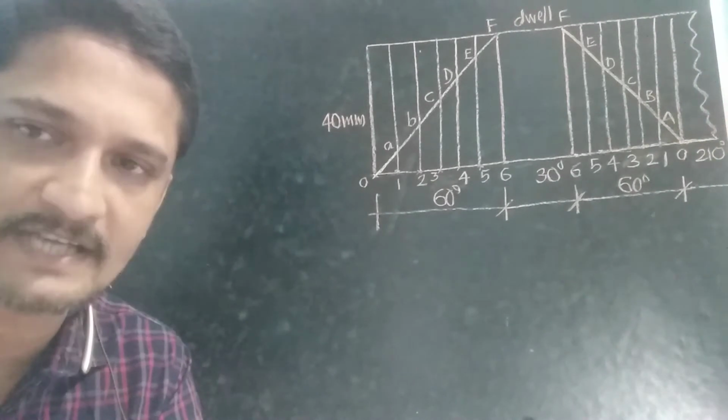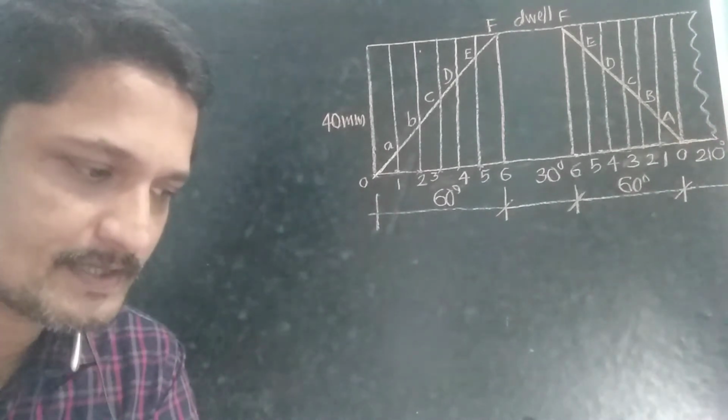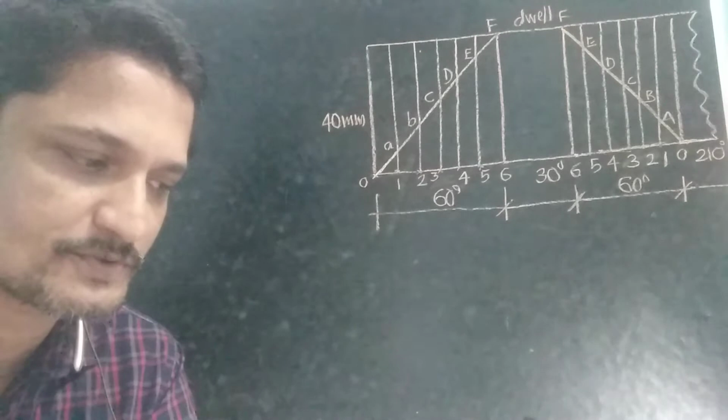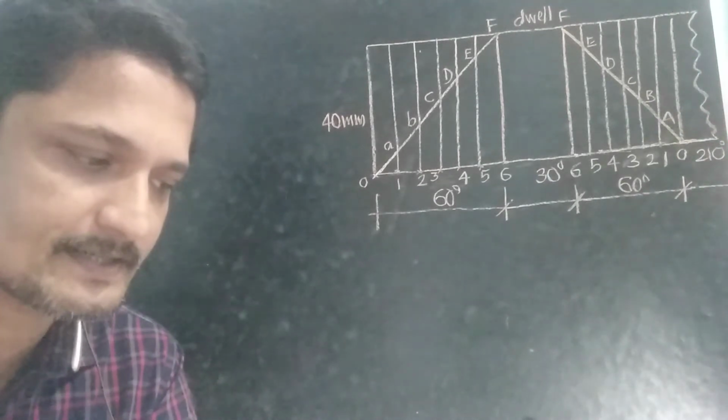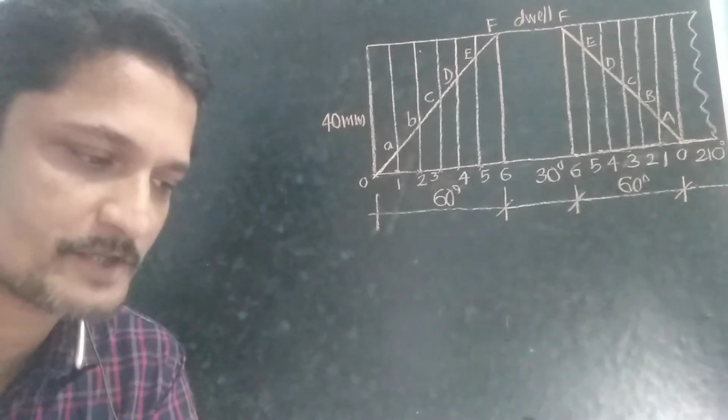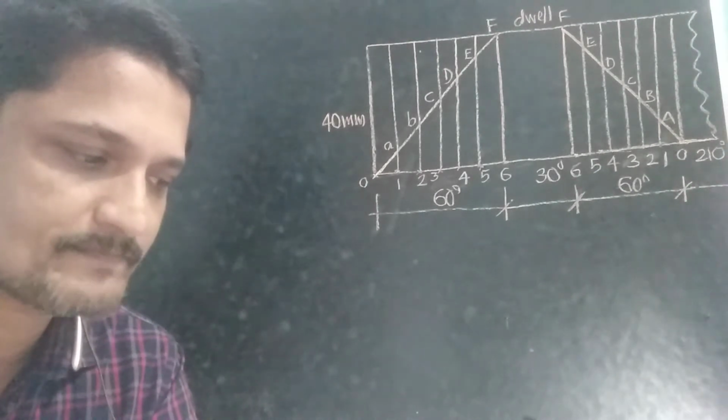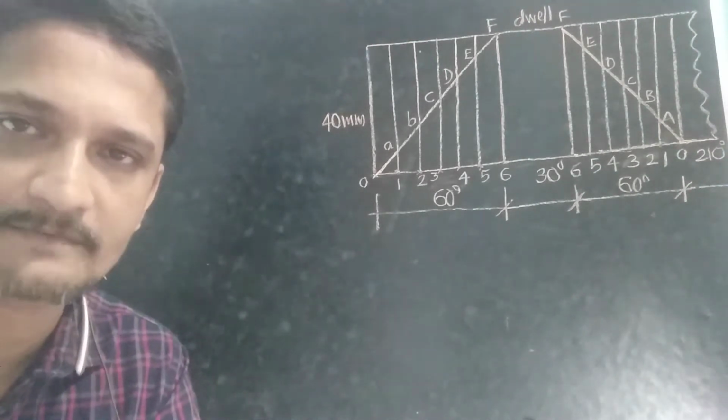Draw the profile of the cam when the axis of the follower passes through the axis of the camshaft, and second, when the axis of the follower is offset by 20 mm from the axis of the camshaft.